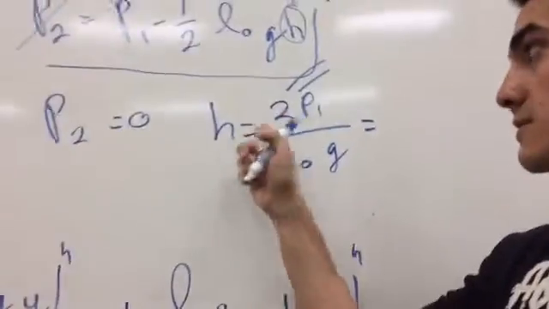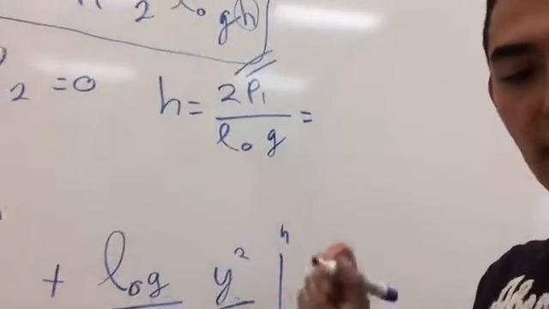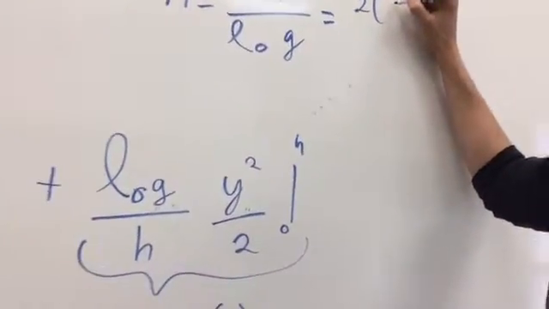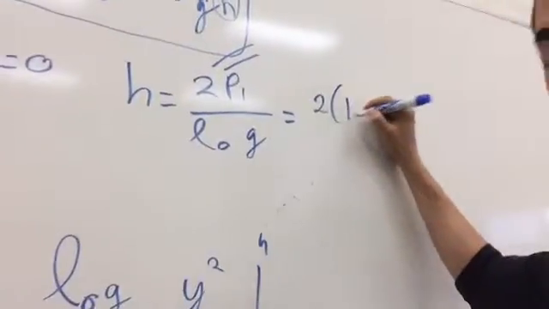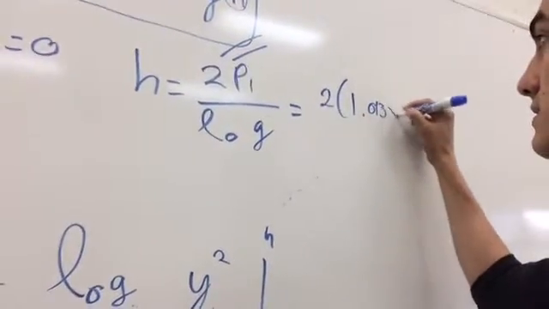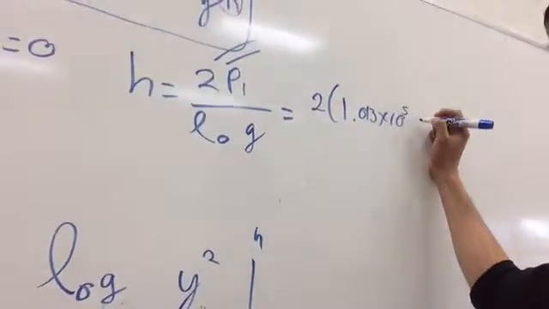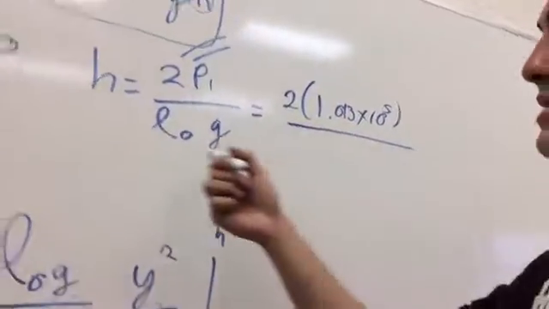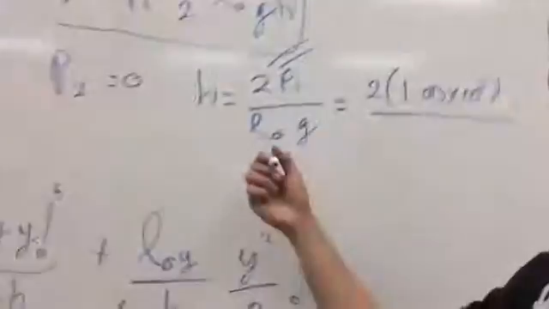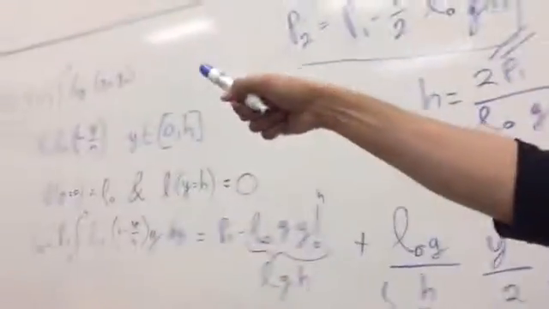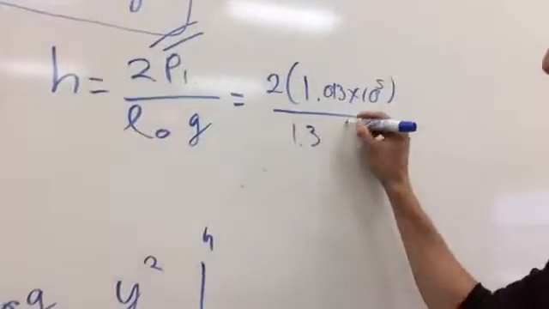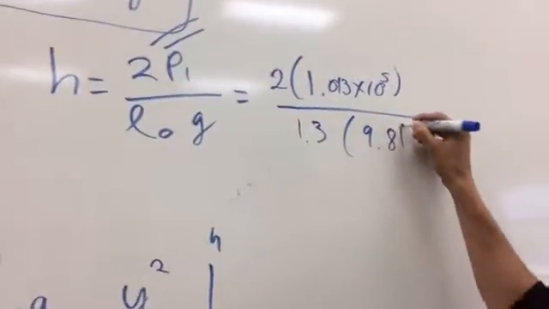If we substitute the values here, we have 2 times the pressure 1, which is 1.013 times 10 to the 5th, over the initial density, which is the same as in the first problem, 1.3, times the gravity, 9.81.